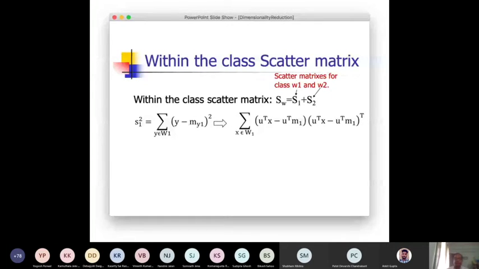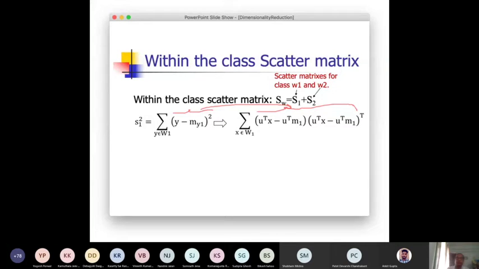Is the equation clear to you? Like y minus my1 whole square, that term is equivalently replaced by this one.